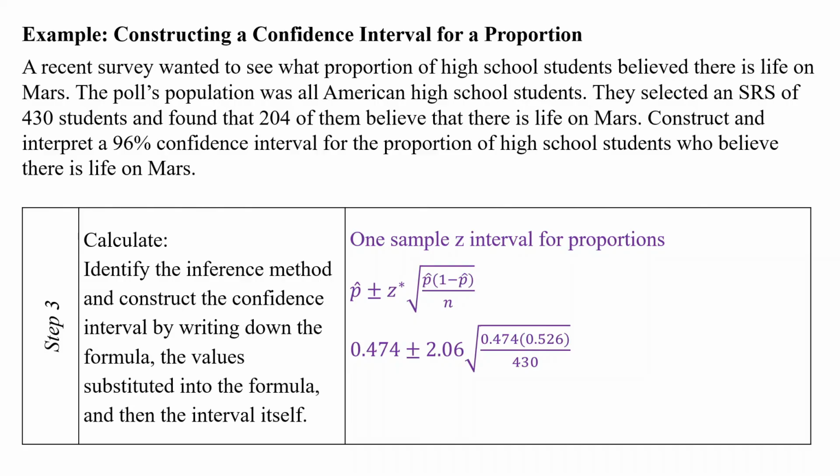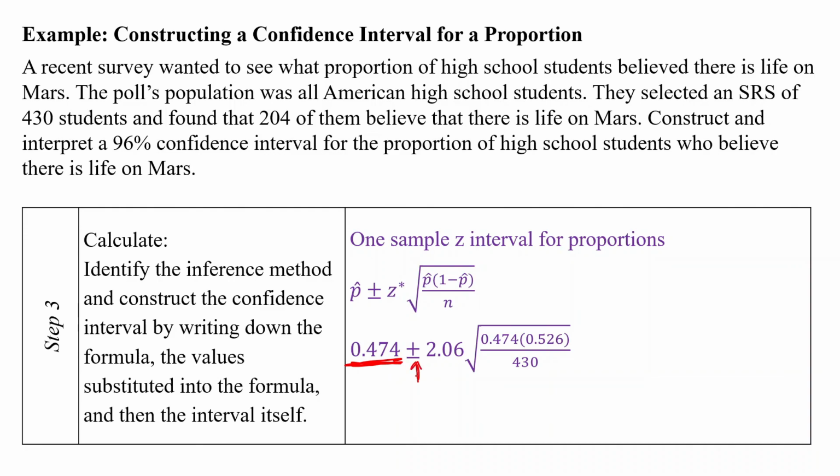Once you show the work for the confidence interval by substituting in the values, you don't actually have to show any algebra. You can if you want to. If you want to work it out by hand, that's totally fine. But from here, you can jump straight into what your confidence interval is. So if you're finding it out by hand, I keep this the same.